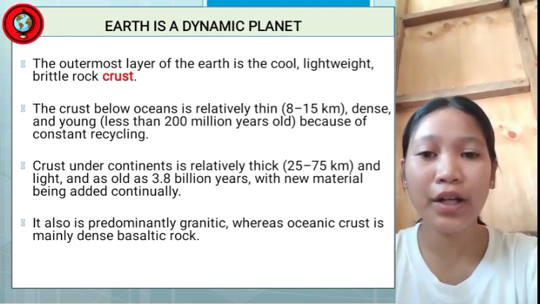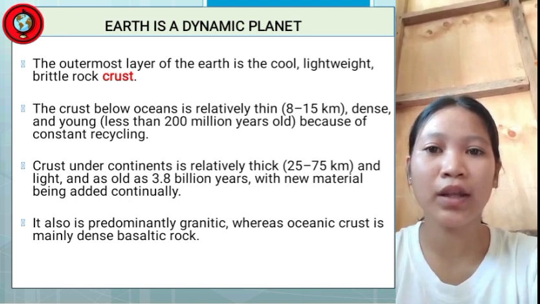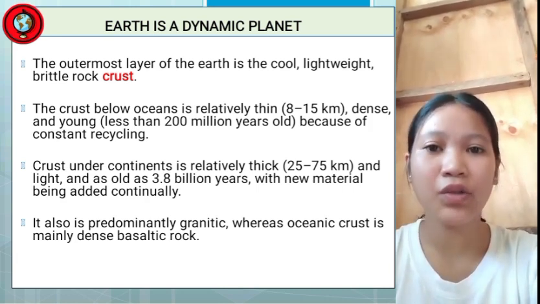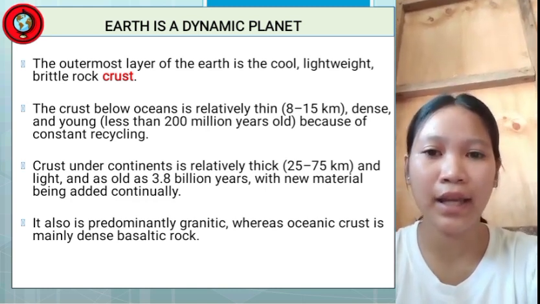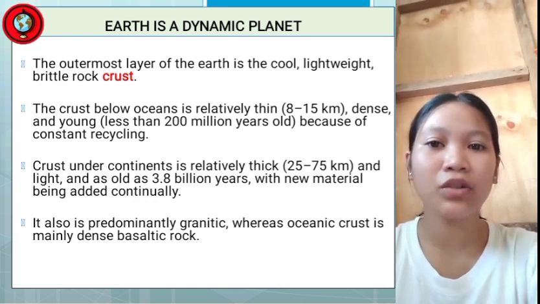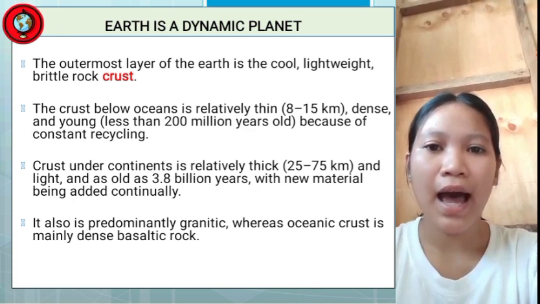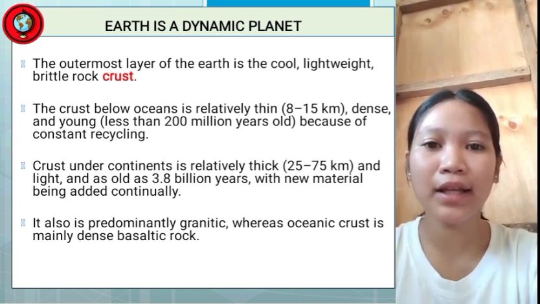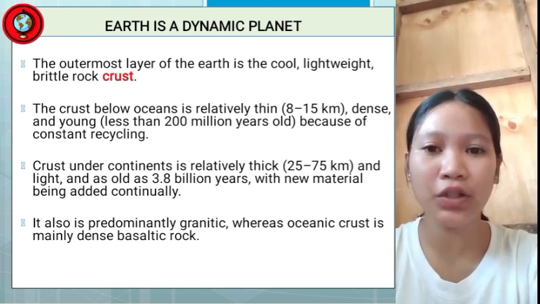So, the Earth's crust, comprising oceanic and continental crust, exhibits stark differences in thickness, density, and age. Oceanic crust, originating from mid-ocean ridges and undergoing recycling at subduction zones, is characterized by its thinness, high density, and youthful age, primarily composed of basaltic rock rich in iron and magnesium.